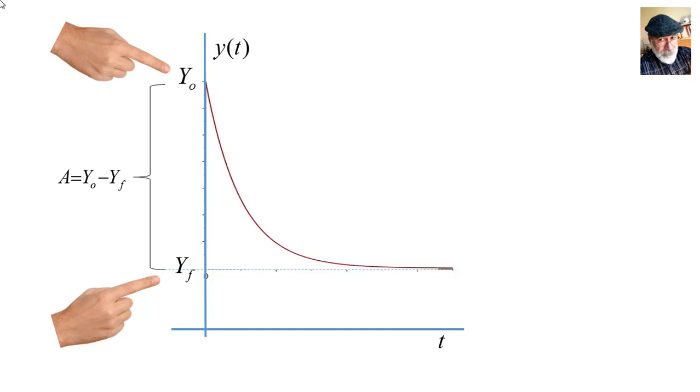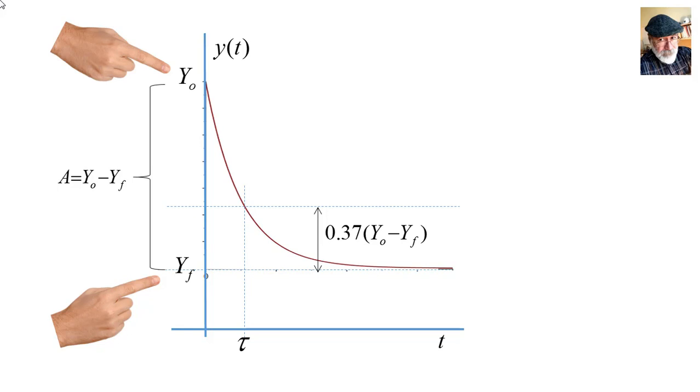The amplitude of that exponential is y0 minus yf. At a certain point in time tau, the value left of that amplitude will be only 37% of the original value. That tau, that time constant, is an indication of how quickly that exponential reaches for the final value.